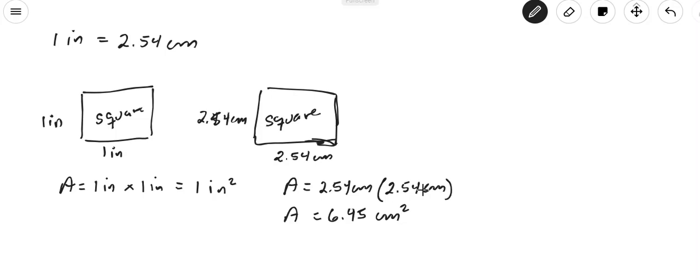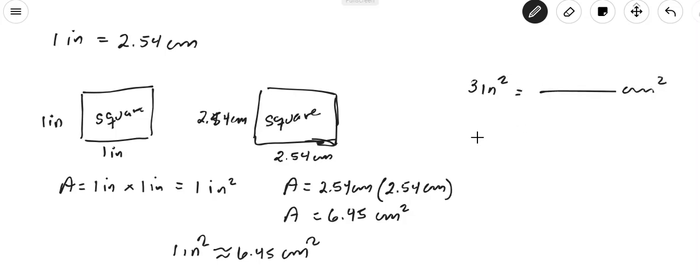So once I know the relation between square inches and square centimeters, 1 square inch is approximately 6.45 square centimeters. Let me double check, yeah, 6.45 square centimeters.